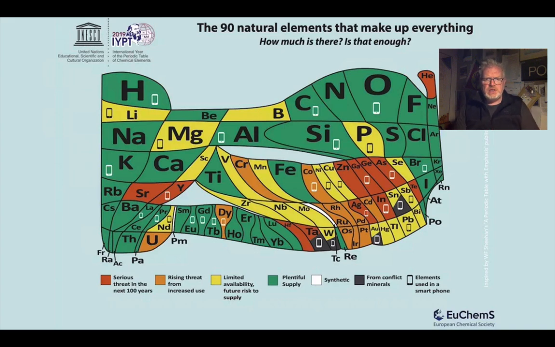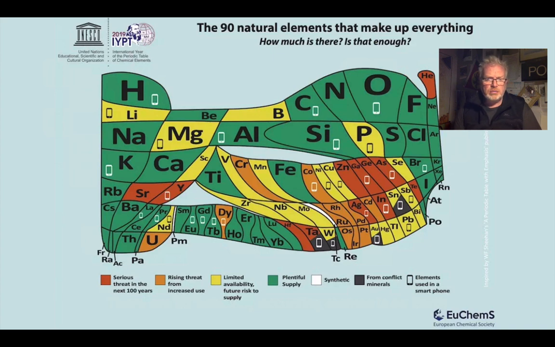The minerals you can see here highlighted in red are under serious threat of us running out within the next 100 years. The ones in orange, we are concerned about their potential shortages in the future.